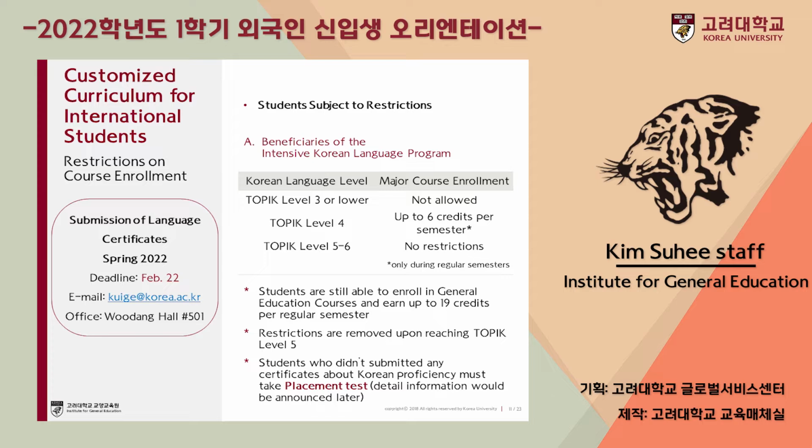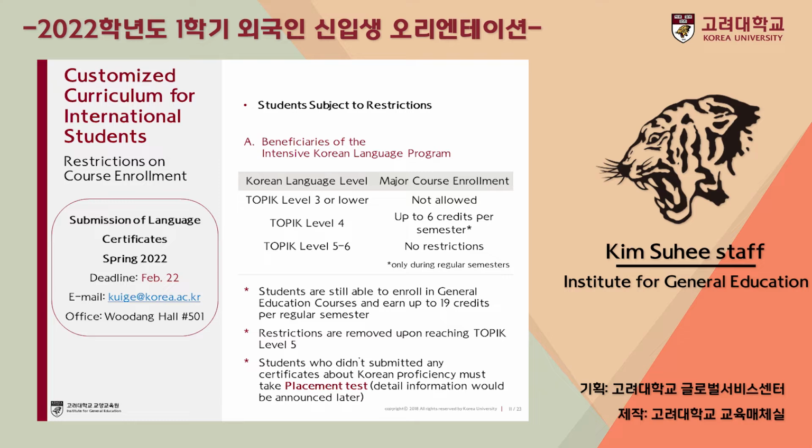Firstly, restrictions on major course enrollment automatically apply to students who are required to undertake the intensive Korean language program. As you can see in the table, there are differences depending on your Korean language level. If you have TOPIK level 3 or lower, you cannot take major courses at all, and if you have TOPIK level 4, you can take major courses only up to 6 credits per semester. But if you have restrictions on major course enrollment, you can still enroll in general education courses, and you can take classes up to 19 credits per regular semester.